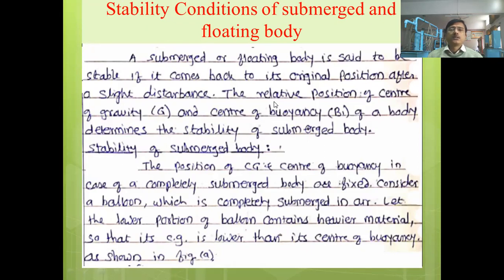First we will see the stability conditions for the submerged bodies. These stability conditions for the submerged and floating bodies are dependent on the relative positions of center of gravity, then center of buoyancy and metacenter.